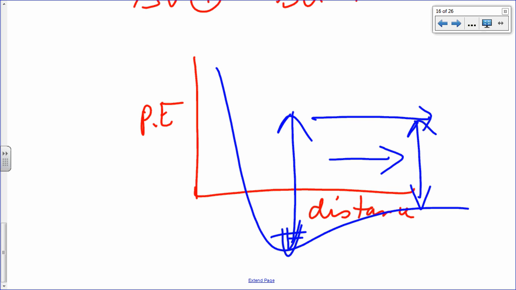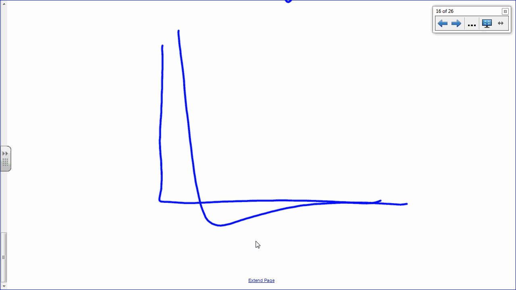Now, what happens if you were to do this Joule expansion at very high temperatures? This is going to be very shallow compared to the total energy, right? So there's still going to be a drop in kinetic energy.